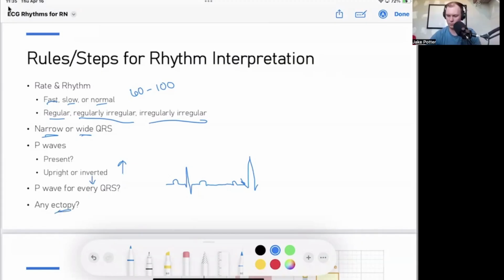And then any ectopy. Remember what I said earlier, ectopy is abnormal rhythms and abnormal electrical impulses, things like PVCs and PACs, and we'll talk about that as well. So these are your basic rules and steps for rhythm interpretation. If you stick to these rules and go down this list, you can interpret basically any rhythm.